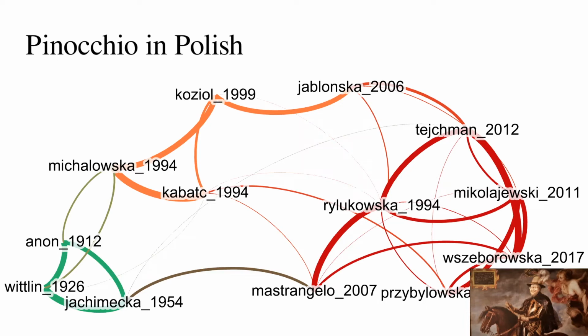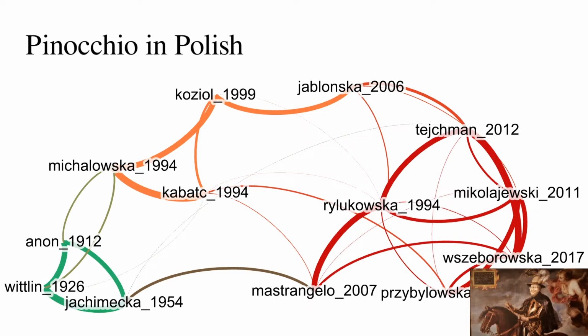And you can see here that we do see a chronological evolution. So that is sort of another effect. We see a chronological evolution in a network analysis of translations of the same book.